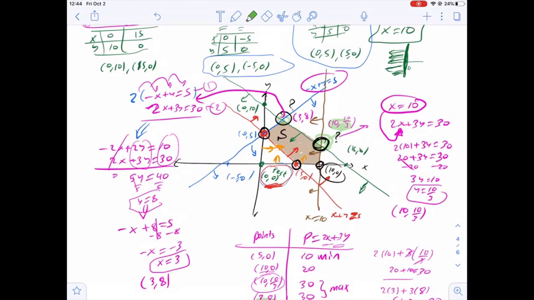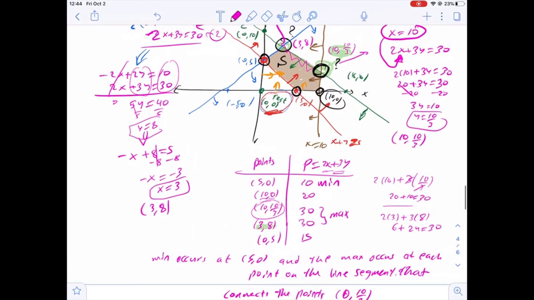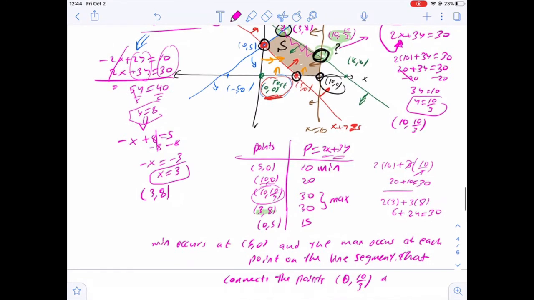As you remember from a previous note, if the maximum or the minimum occurs at two adjacent vertices, then all points on that line segment will satisfy the maximum. The maximum will be any point on that line segment. So it will be all points on the line segment that connects the point (10, 10/3) and the point (3, 8).